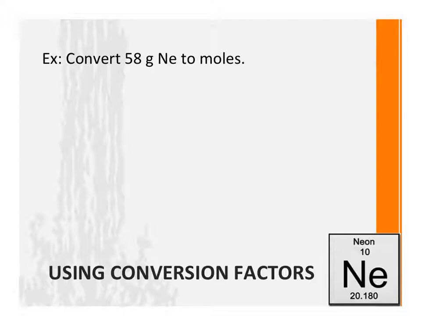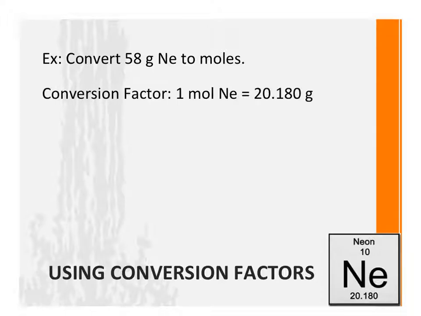Let's apply this skill now to conversion factors involving grams and moles that we have done. You should hopefully recognize that a conversion between grams and moles is a one-step calculation. Now, if we're going from grams to moles, we need a conversion factor that involves both of those units.